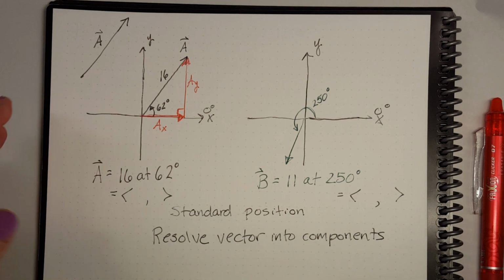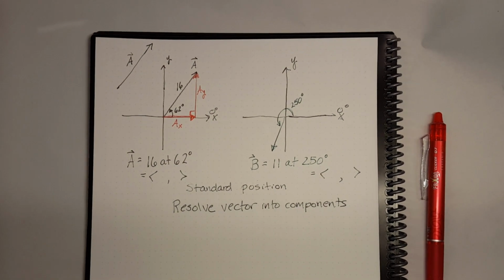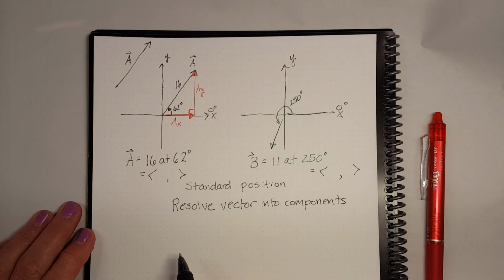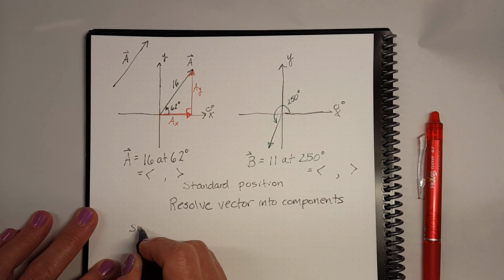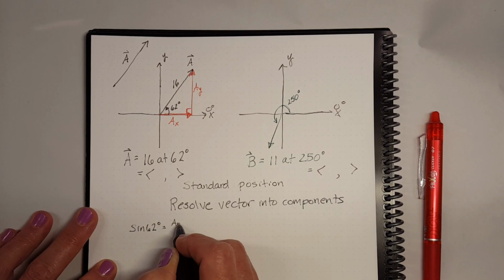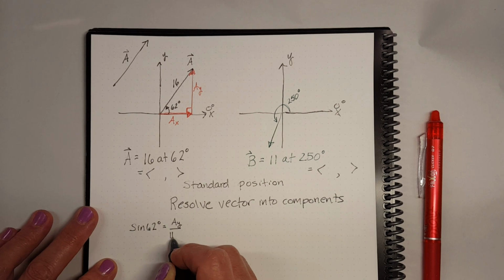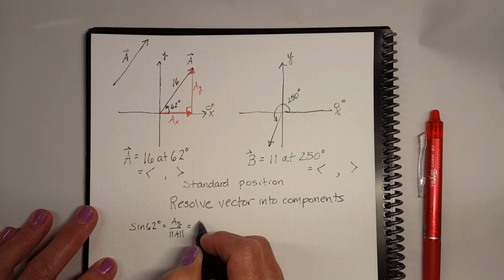So I'm going to write those out just so that you can see the whole process, and then we'll come back and give you the general formula. So we can write that the sine of 62 degrees is going to equal A sub y over the magnitude of A, which is equal to A sub y over 16.